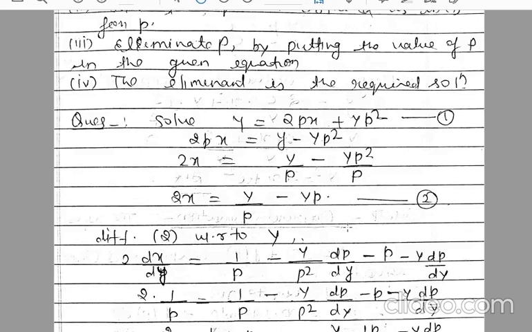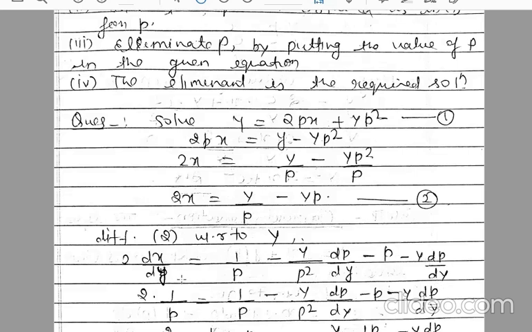Now differentiate the second equation with respect to y. So 2 dx upon dy is equal to, again u upon v will be applicable. So y differentiation is 1, so 1 by p will be remaining, minus y upon p square dp upon dy, minus u into v, so p minus y p dp upon dy.